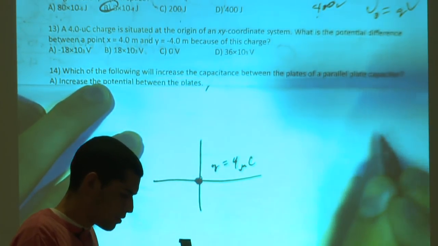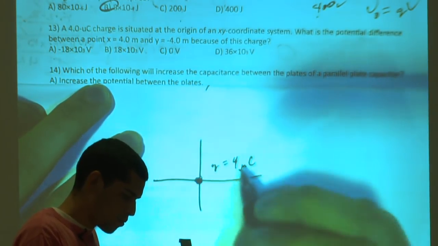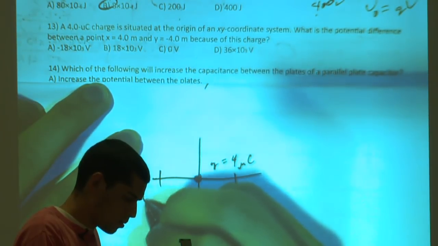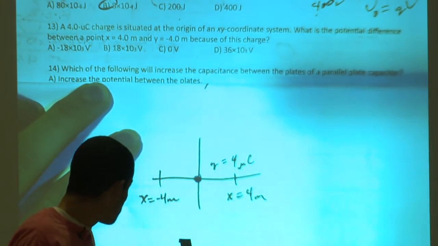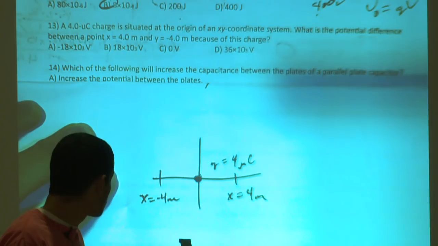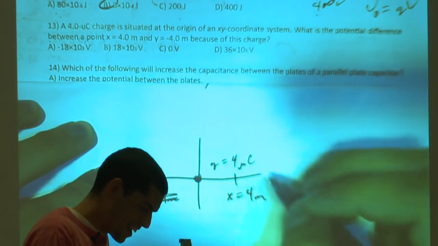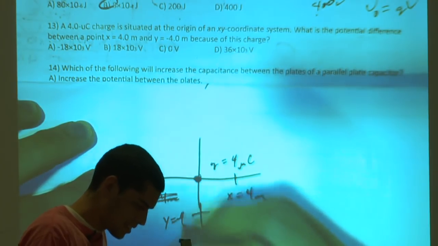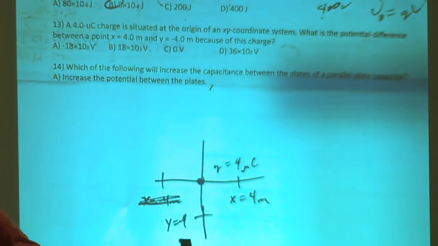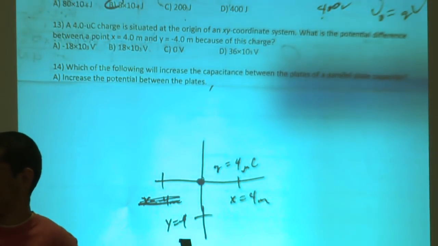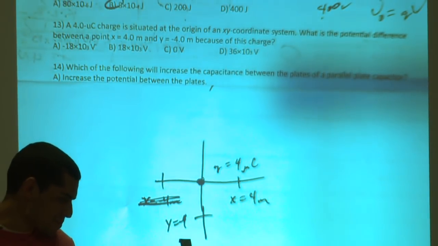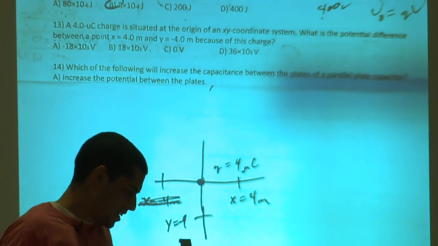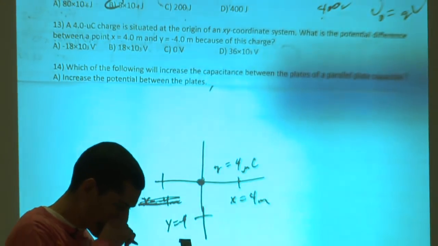Here's x equals 4 meters and, just kidding, y equals negative 4 meters, because of this charge. So what is going to be the potential difference?